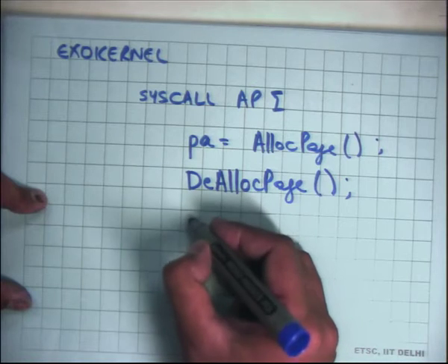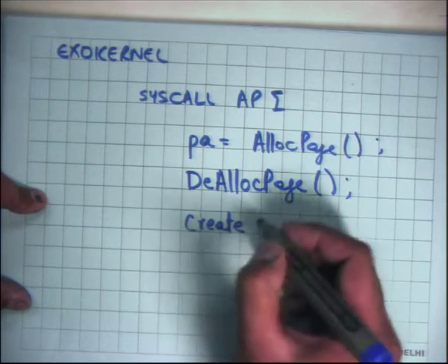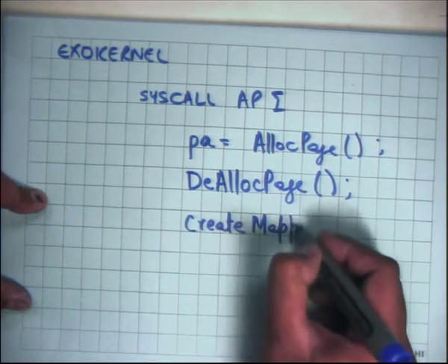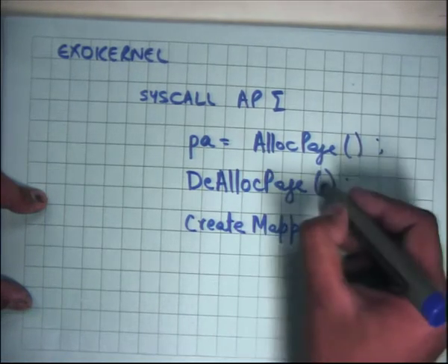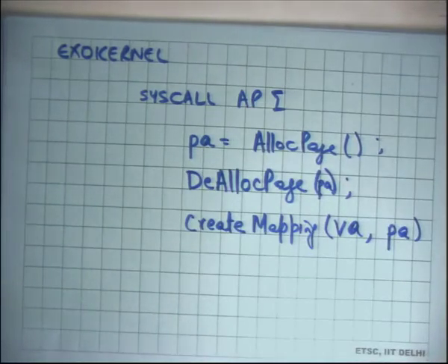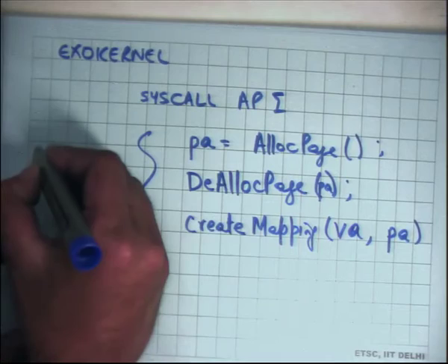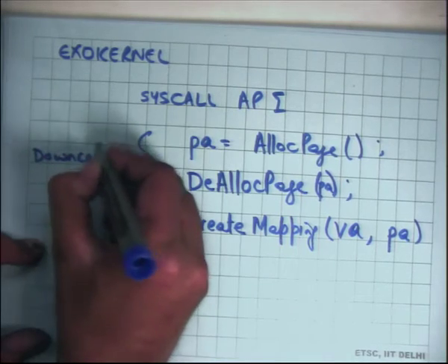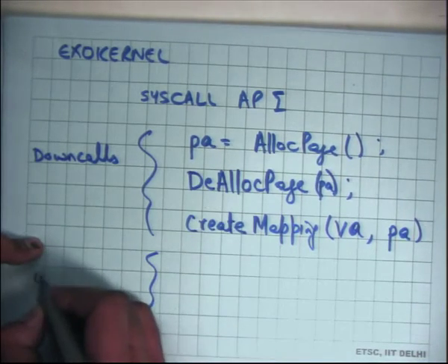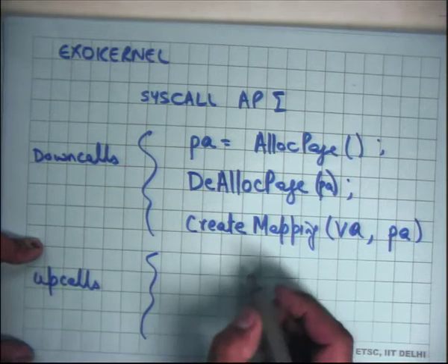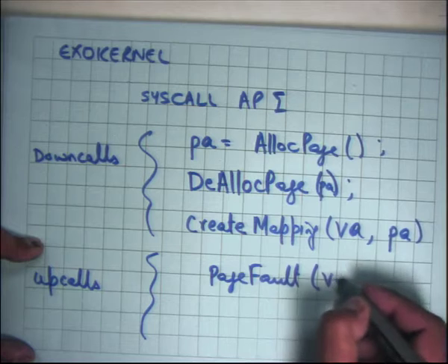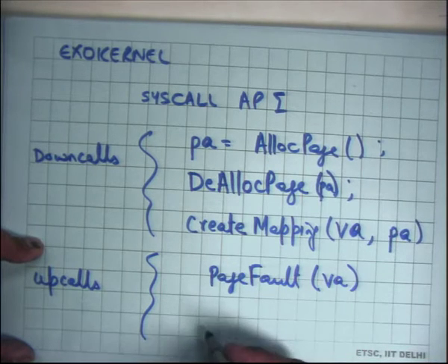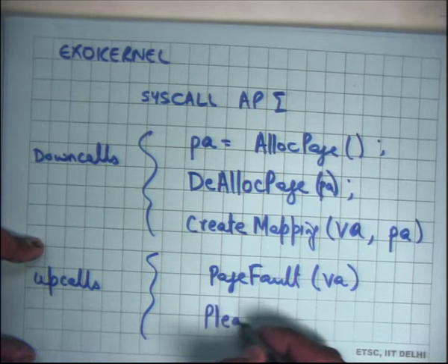And then there is create mapping from virtual address to physical address. Dealloc page takes an argument physical address. These are the down calls. I'm going to explain what down calls mean. And then there are some up calls. Upcalls are page fault on virtual address and please release a page.